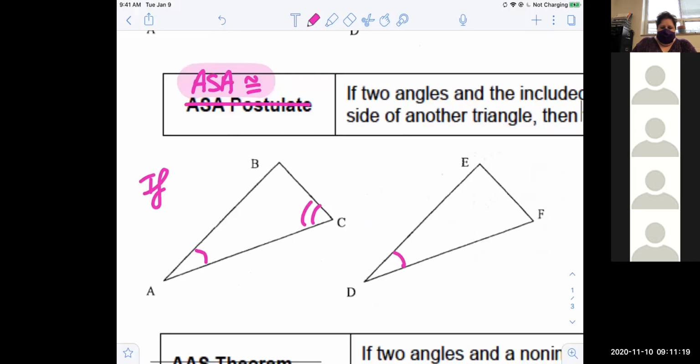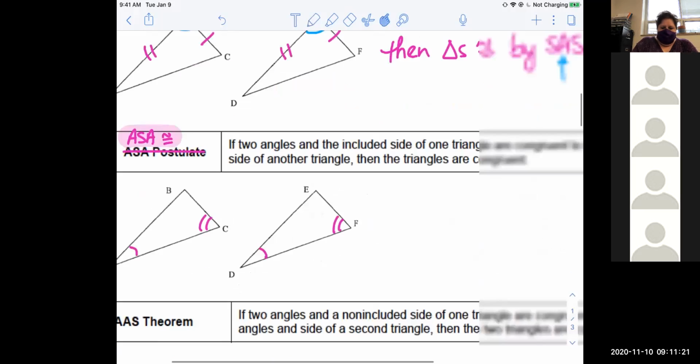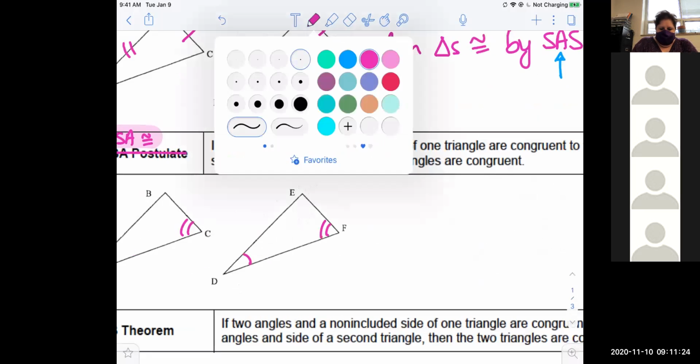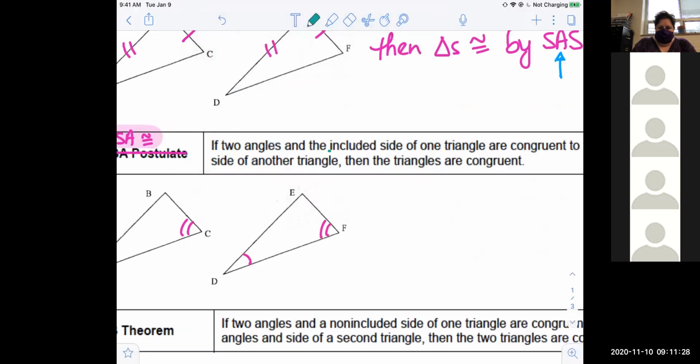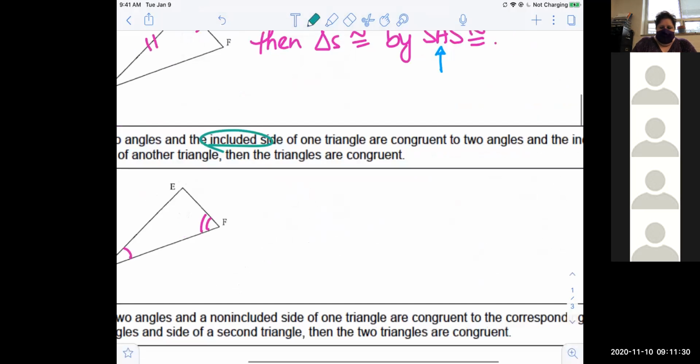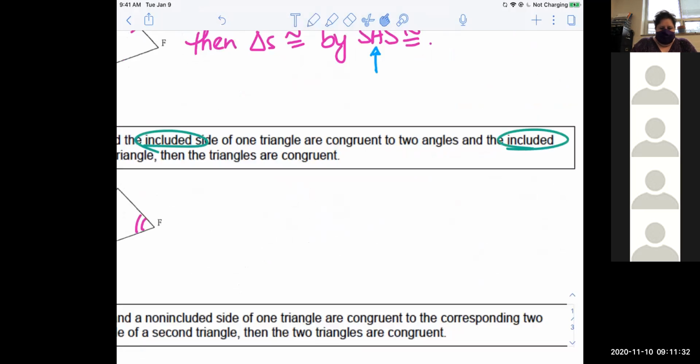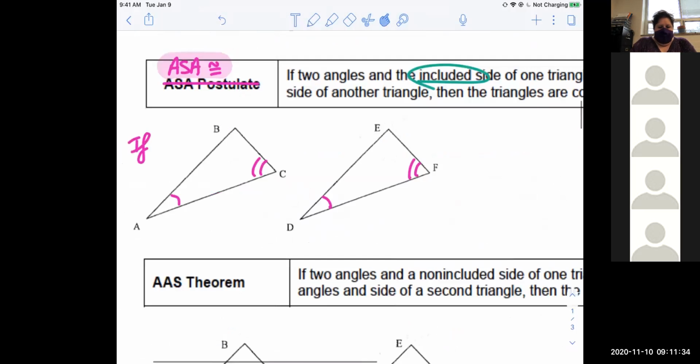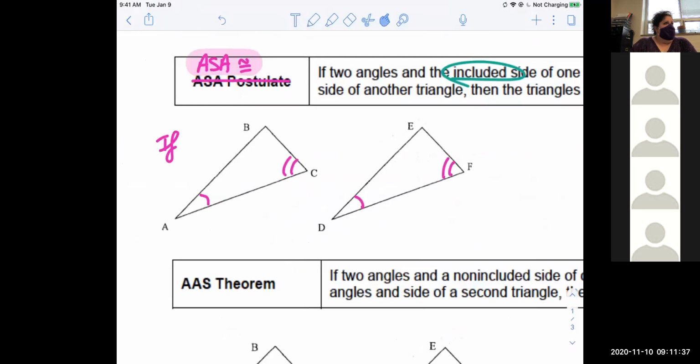Okay, this one says if two angles and the included side of one triangle are congruent to two angles and the included side of a second triangle, then the triangles are congruent. What do you think the included side would be for the first triangle? Segment AC, right? Included just means between the two angles that you know.